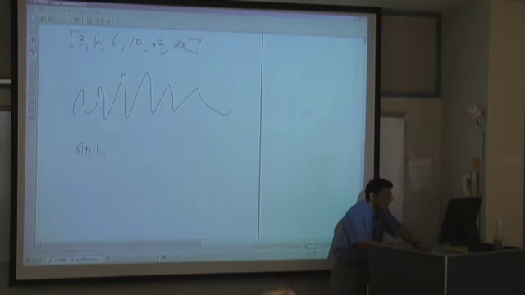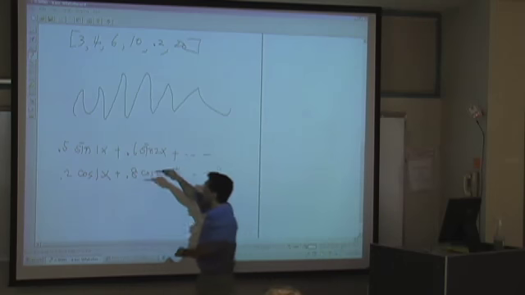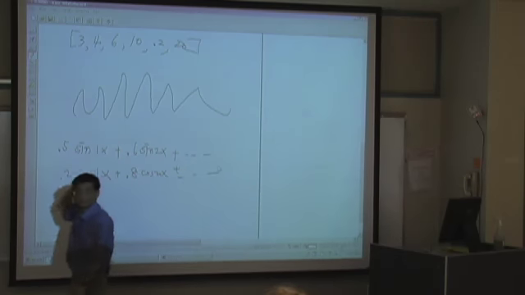So sine 1x, cosine 1x may have some coefficient, right? May have 0.5, 0.2, and then 0.6 with sine 2x, and 0.8 with cosine 2x. So we completely analyze the spectrum.